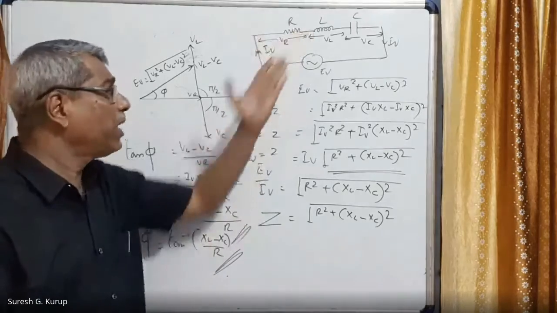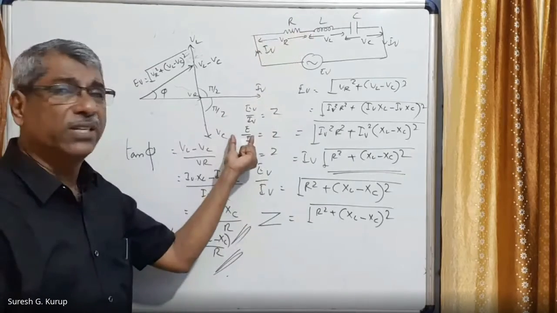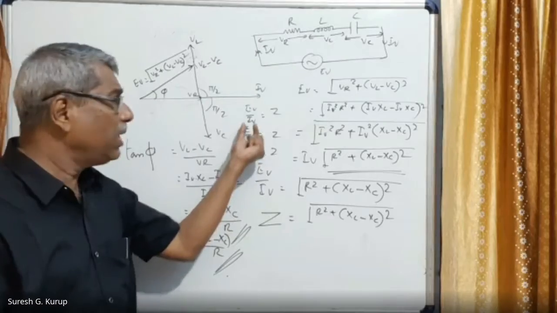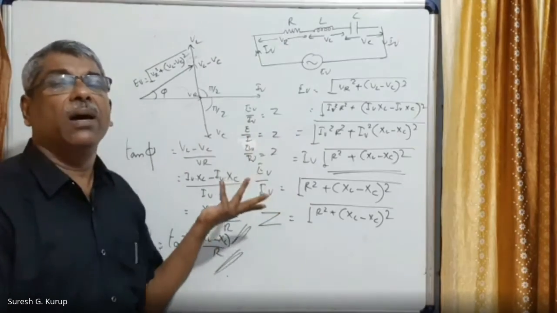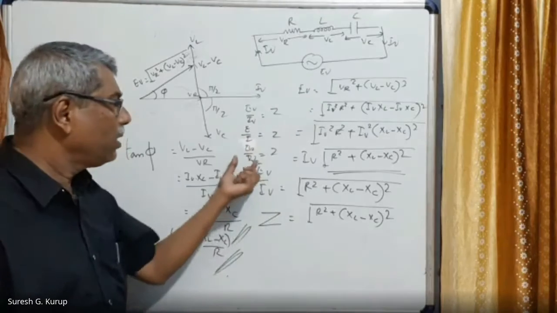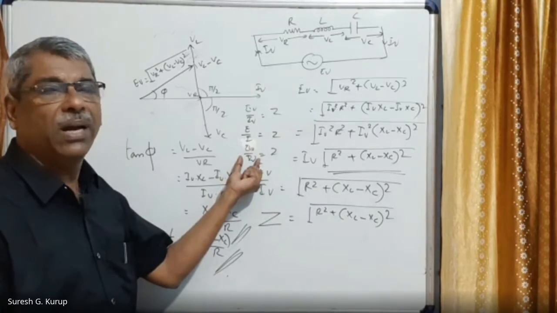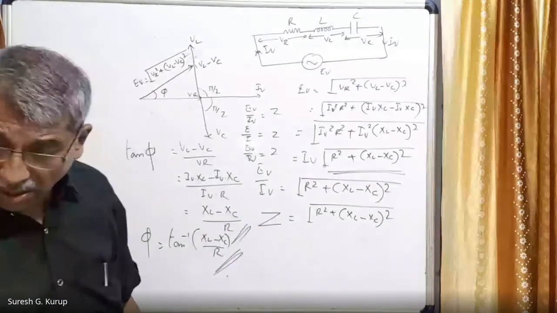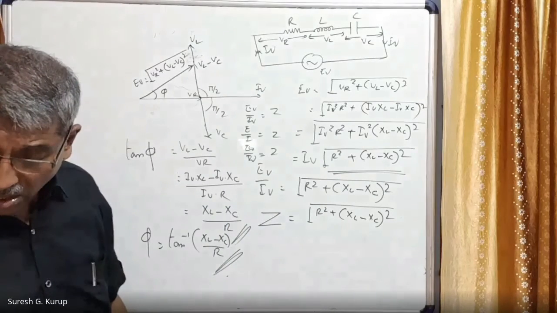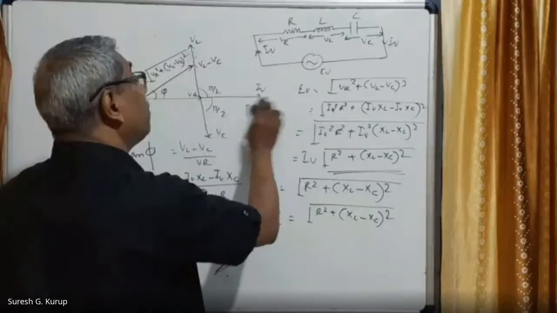For the same circuit, if we use instantaneous current and instantaneous voltage, then E by I is equal to Z. If you use the amplitude of the voltage and current, then E0 by I0 is equal to Z. So this is a very common thing for all AC circuits. These are the things I want to tell you.